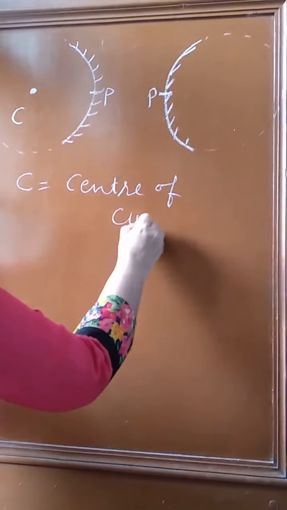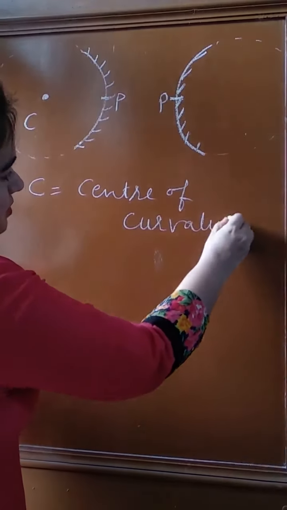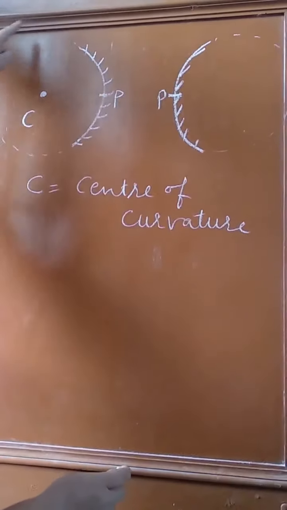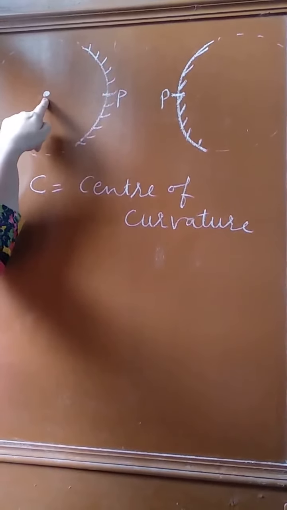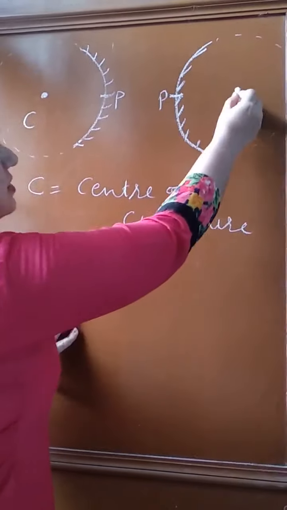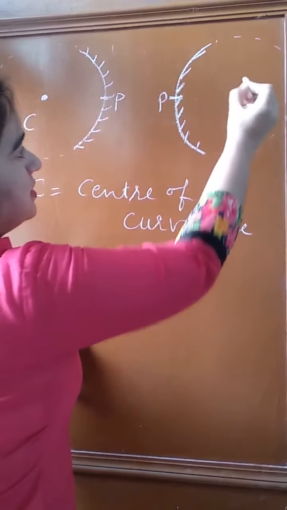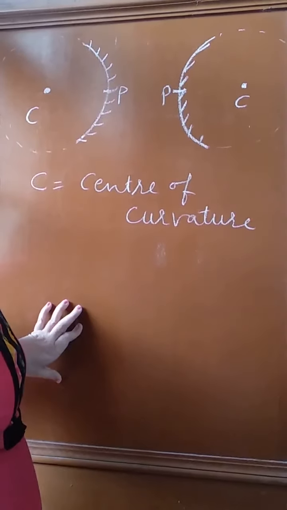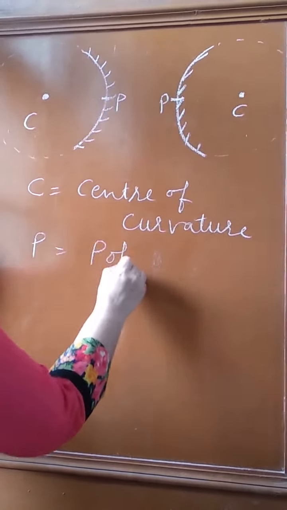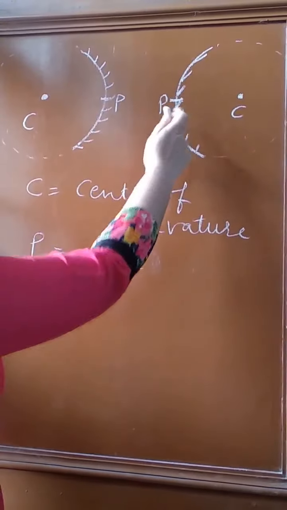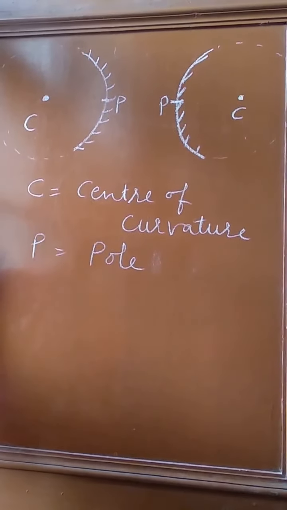This is the center of this hollow sphere. In the same way, here C is the center of curvature of the convex mirror. P is the pole of the concave mirror as well as of the convex mirror.